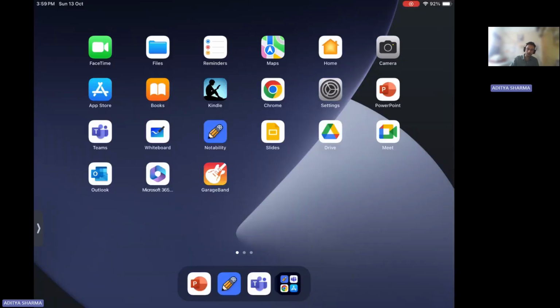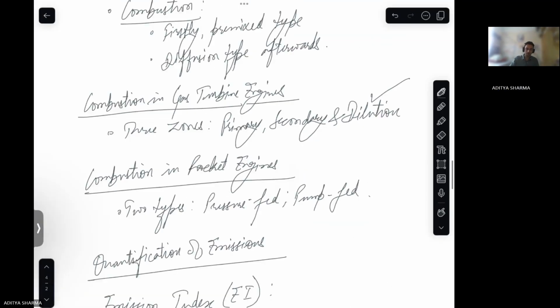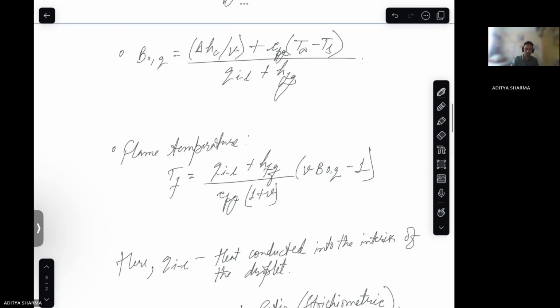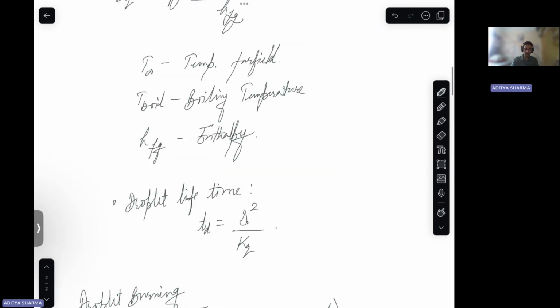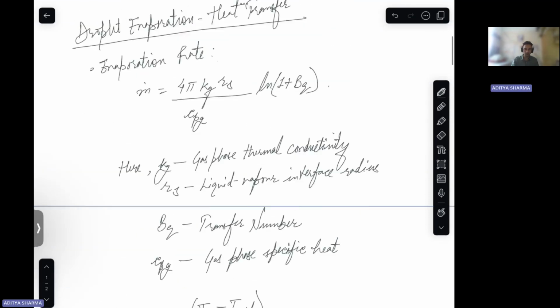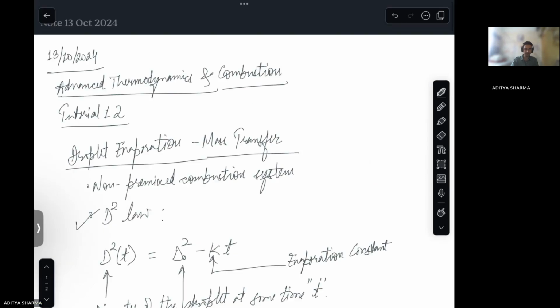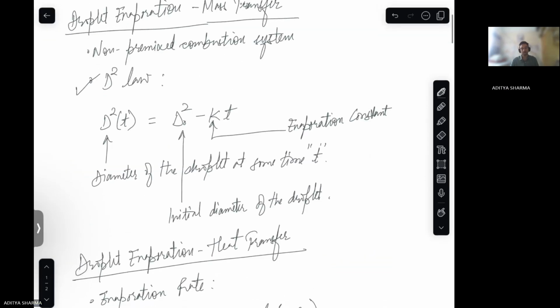So what is the relation? Let's check the topics that we have briefly discussed. Do we get some hint here? If you see your d square law, the relation between d square and time t, what is the nature?